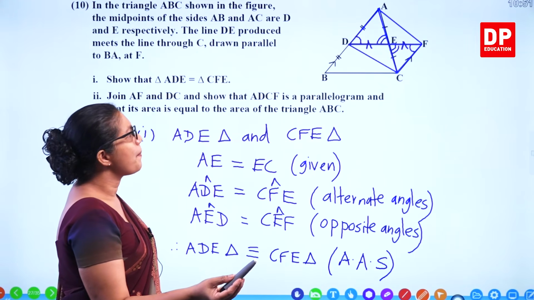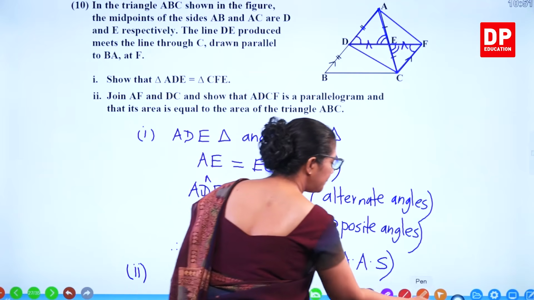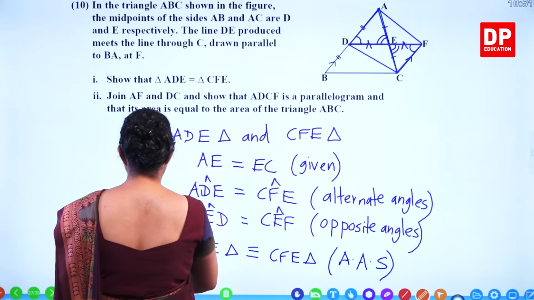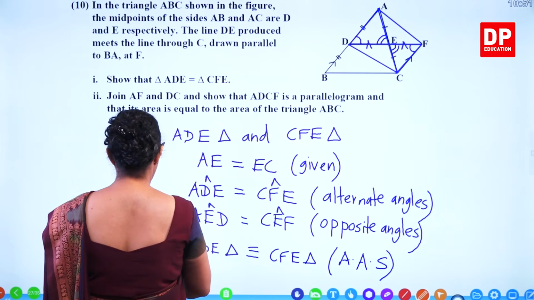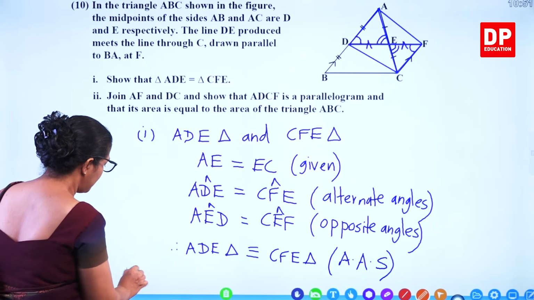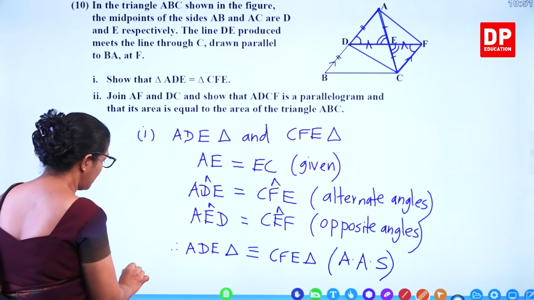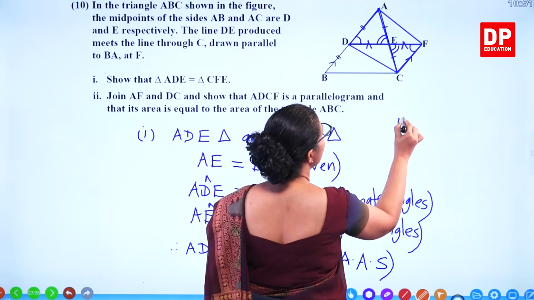That's a parallelogram. So I'll do the second part here.